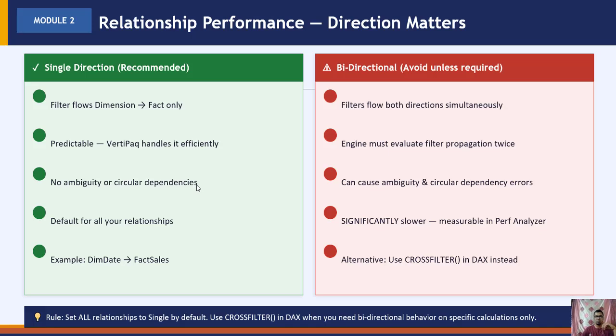What it means is, let's say you have two tables and there are two relationships between the tables; it is a circular dependency and ambiguity will occur. It is avoided in a single direction relationship. It can cause circular dependency errors and ambiguity in the case of bidirectional.